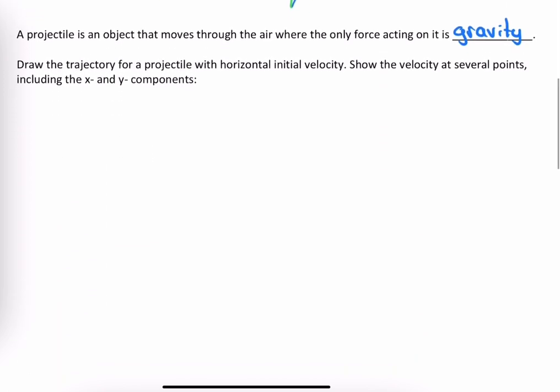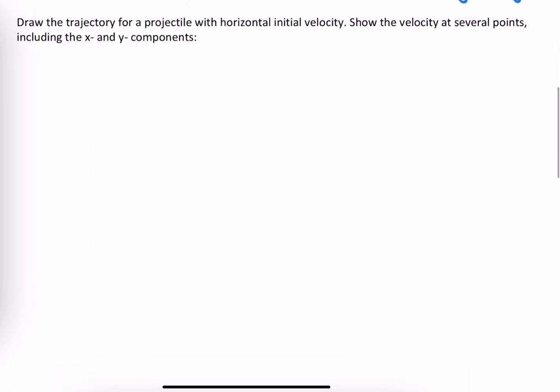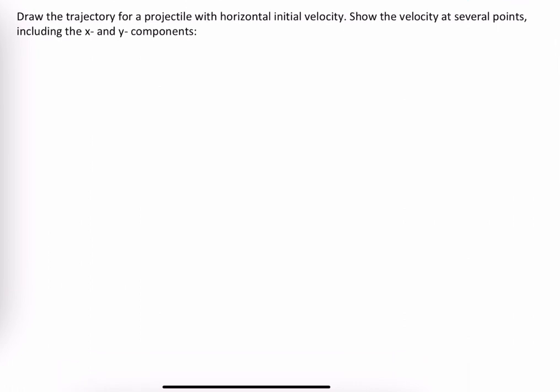And so let's start by drawing out a trajectory, so the path that a 2D projectile might follow, and we'll imagine one that has a horizontal initial velocity. So to figure out what I mean when I say horizontal initial velocity, one thing you can do is imagine taking a ball and imagine throwing it.